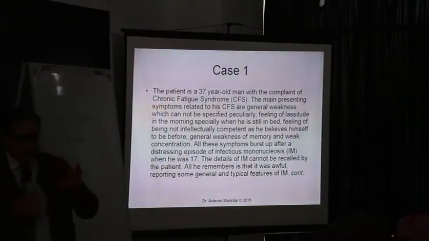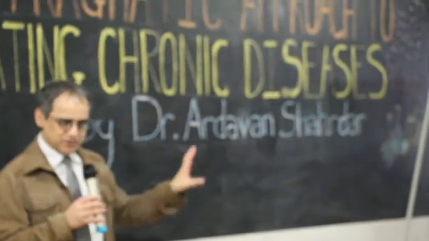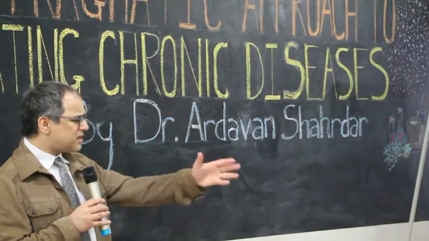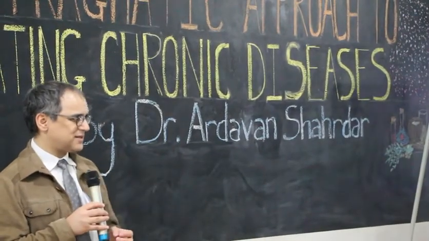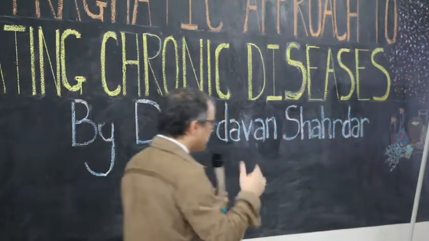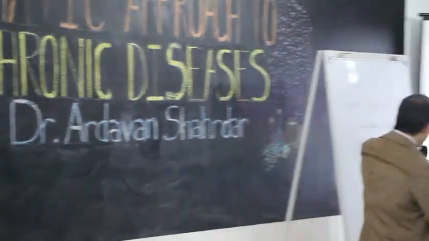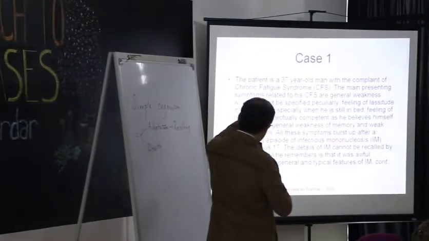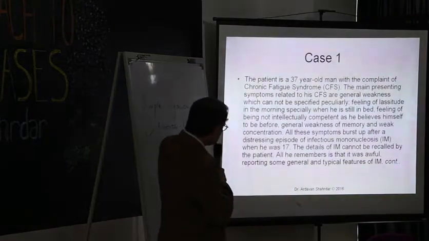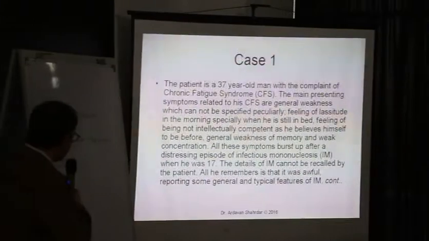It means that when you ask the patient, okay, after that period of that infection, you do not feel well since that period, tell me about the details of that infection, he cannot recall because it is about 20 years ago. The time of coming to the office is when he is 37 years old.